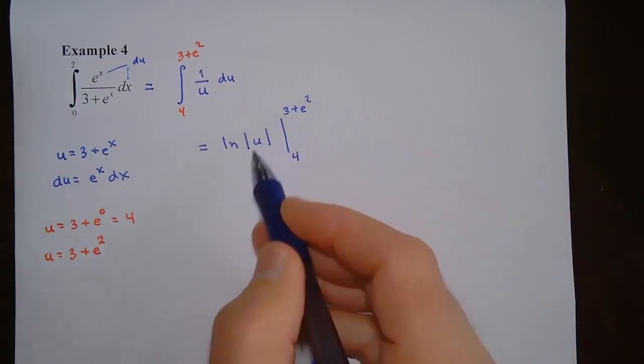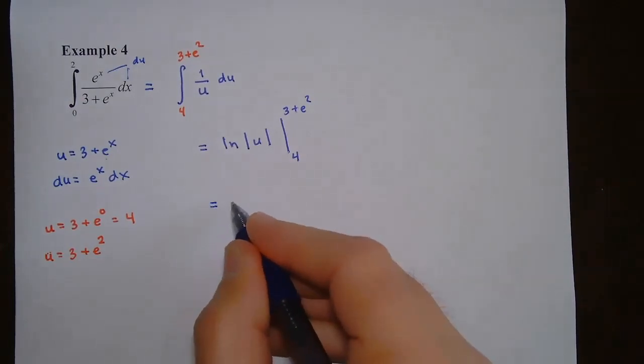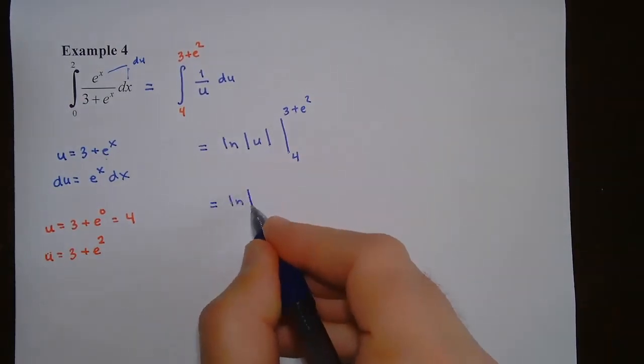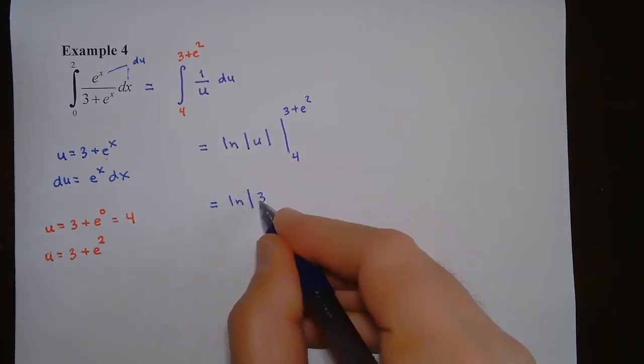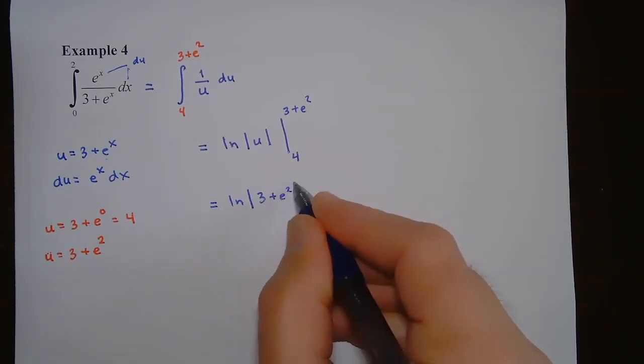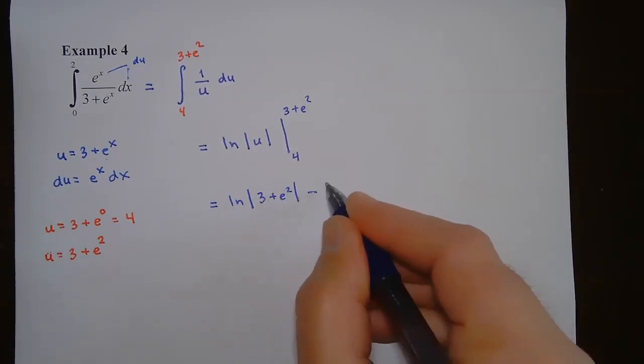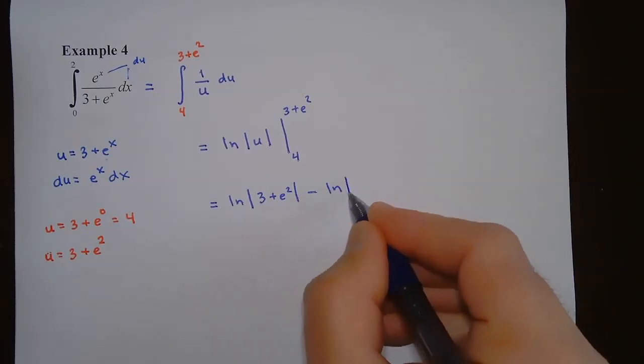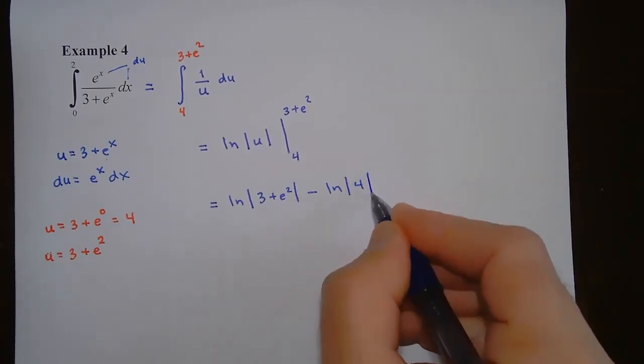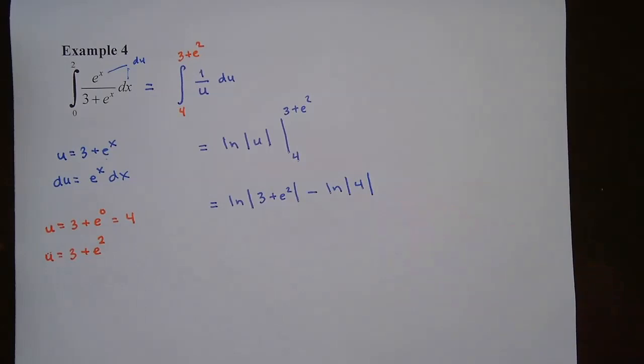We're going to put the upper limit in first, so this is equal to the natural log of the absolute value of 3 plus e squared, minus the natural log of the absolute value of 4. Now you want to ask yourself, because sometimes it's going to be easier and we're going to be able to use other things, if you look at this, do we have to have the absolute value?